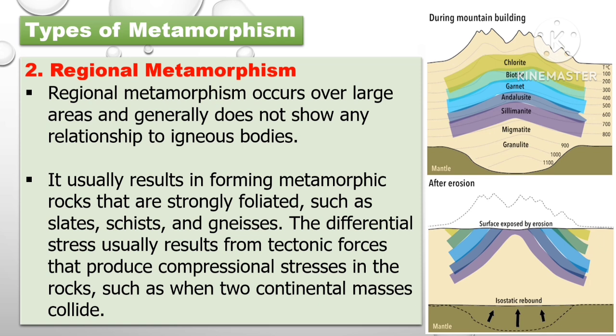Another type of metamorphism is regional metamorphism. It occurs over large areas and generally does not show any relationship to igneous bodies. It usually results in forming metamorphic rocks that are strongly foliated. The differential stress usually results from tectonic forces that produce compressional stresses in the rocks, such as when two continental masses collide.